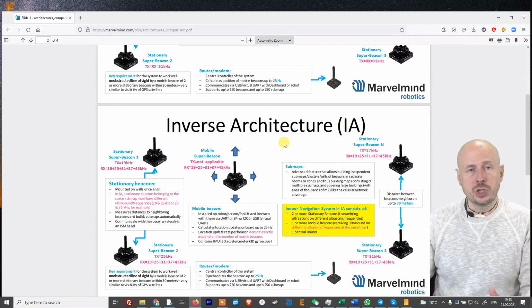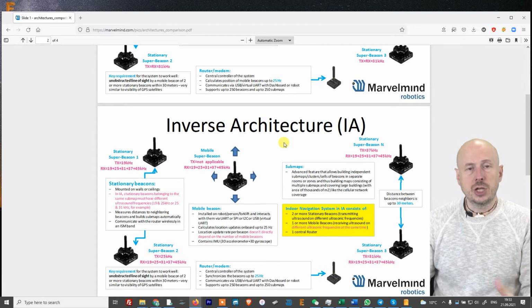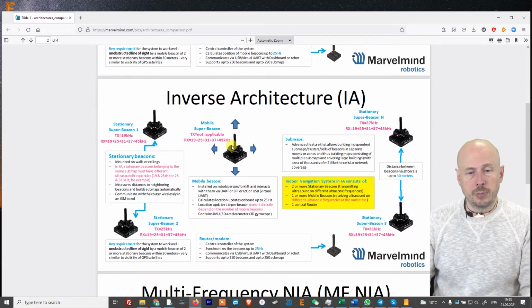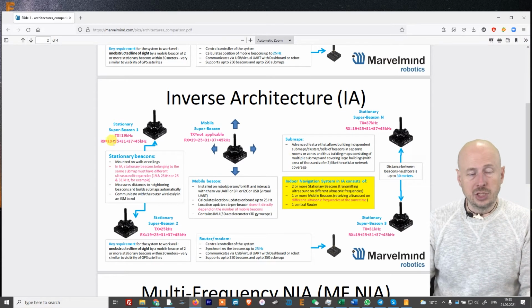inverse architecture. In inverse architecture, it's in principle different. The frequencies used by different beacons are by definition different. So 19 kilohertz, 25 kilohertz, 31 kilohertz, 37, 45.